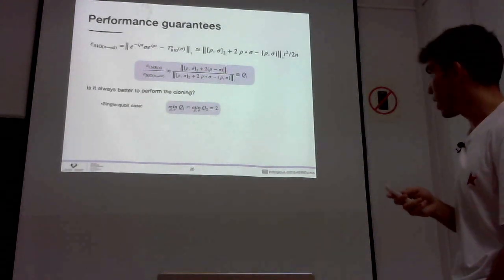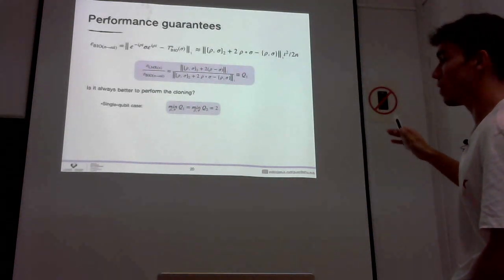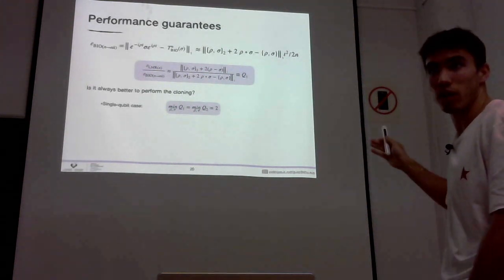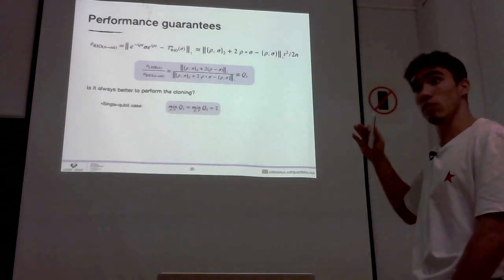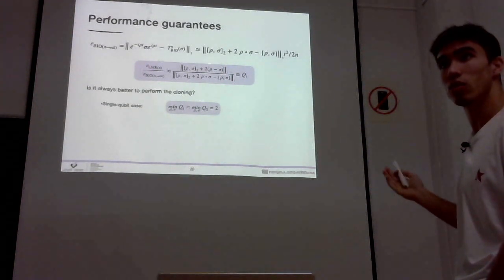From the light paper they only give the bound, which is of order t squared over n. But as this cannot be improved asymptotically, we look for the dependency on this error.